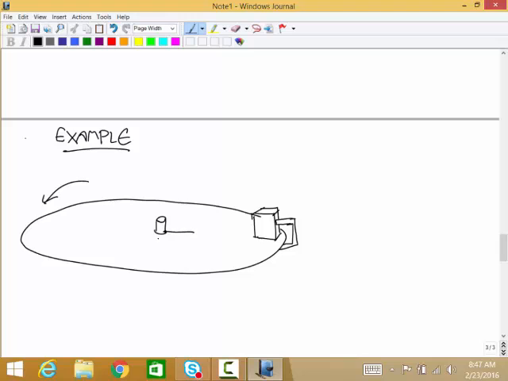Okay, and I'll use this coordinate system. You follow what I'm trying to draw there? The angular velocity is 5 radians per second. There's no angular acceleration. And the radius of this circle is 1.0 meters.